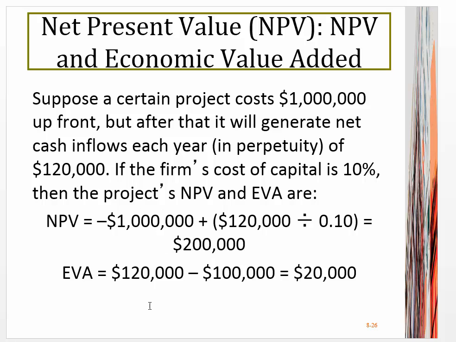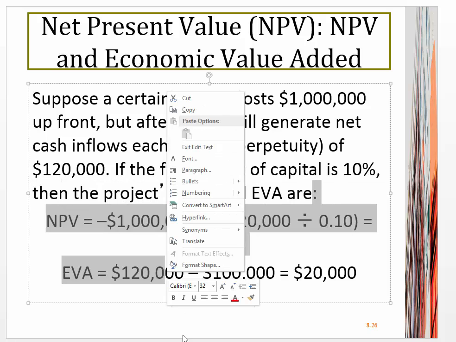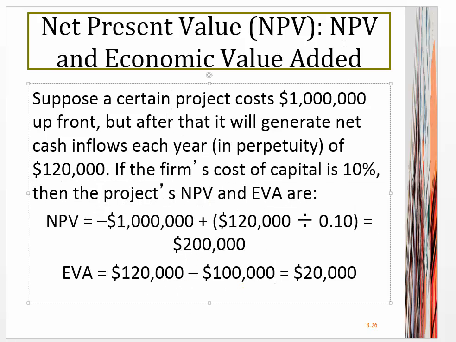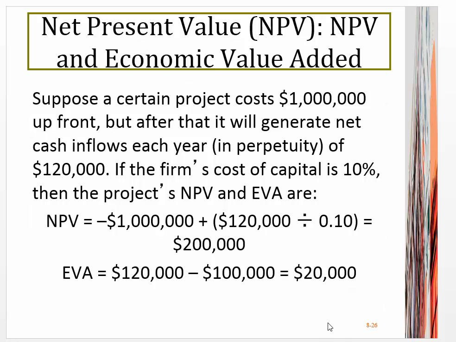But when you compare the cost of the actual inflows, the benefit of the project, to ultimately the cost of doing the project, 10% of $1 million is this $100,000. The actual pure economic profit is only $20,000. So it gives us a picture, if you will, of a more pure form of value that's added to the company.